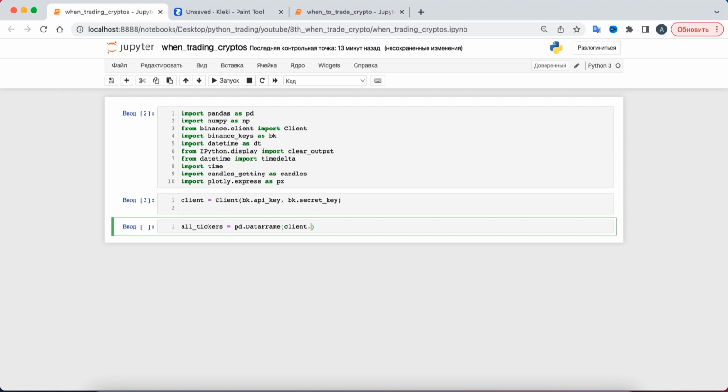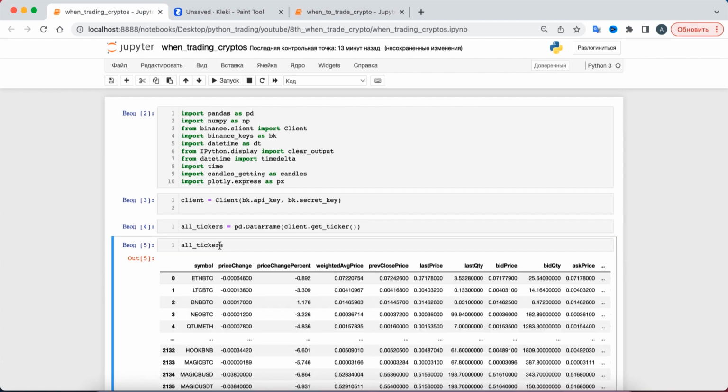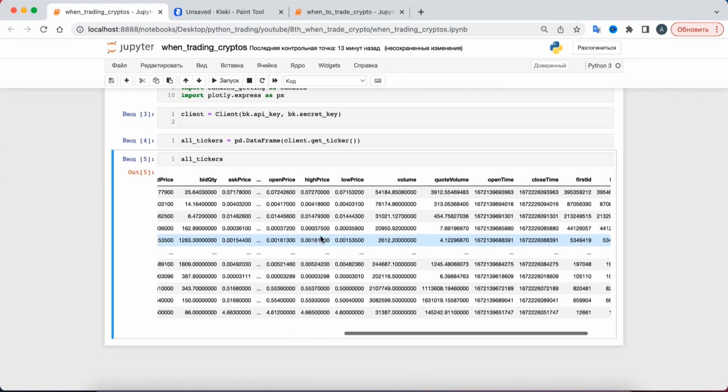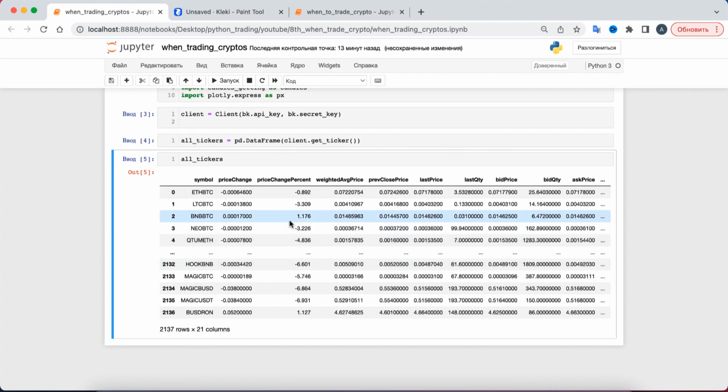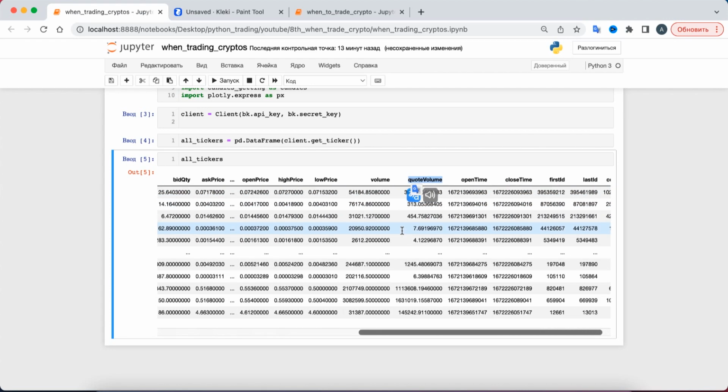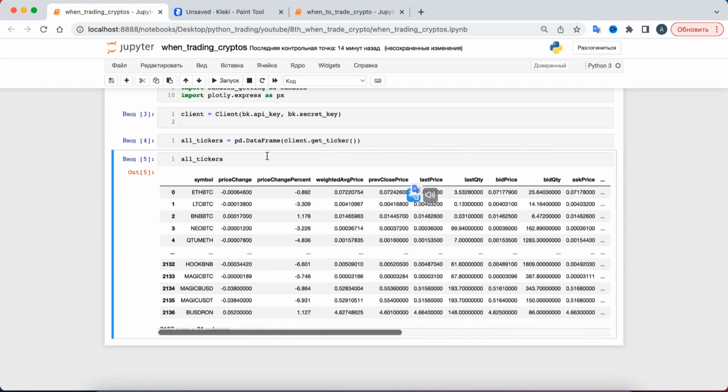I'm going to convert the output data, which I will receive with get ticker. Now I am going to show you what we have. We have some statistics about all assets which can be traded on the Binance platform, and what I really need right now is quote volume, of course, and some other columns.